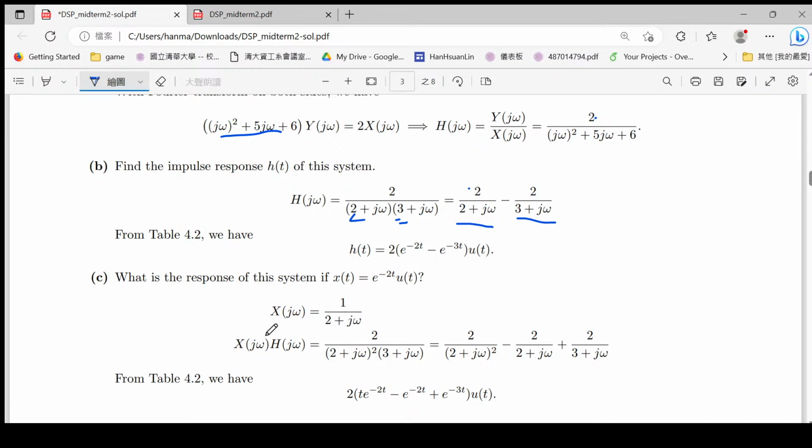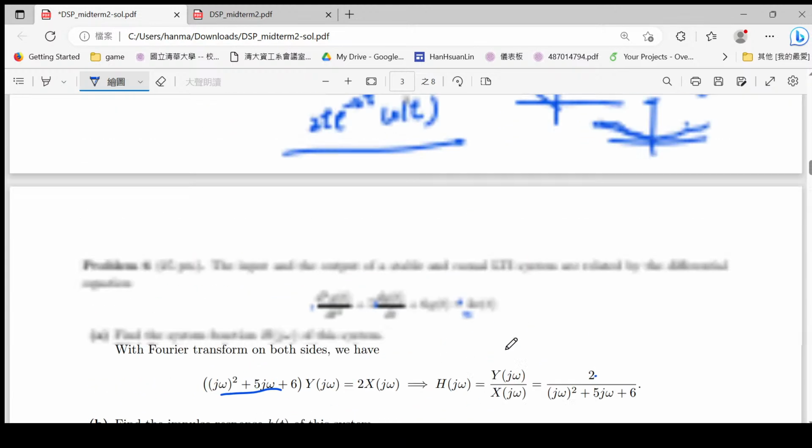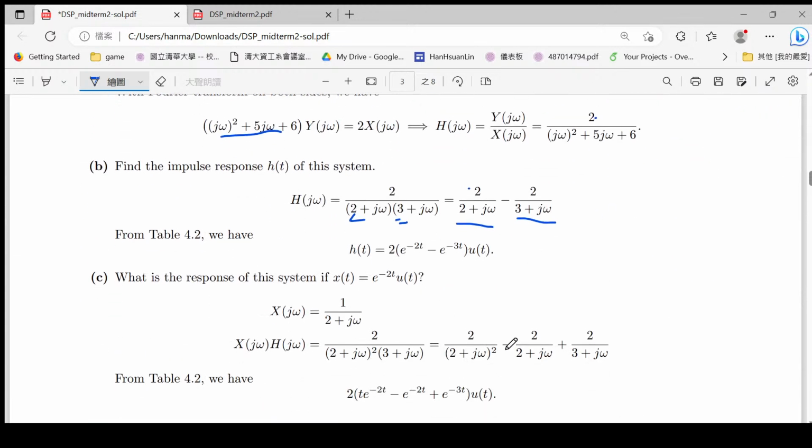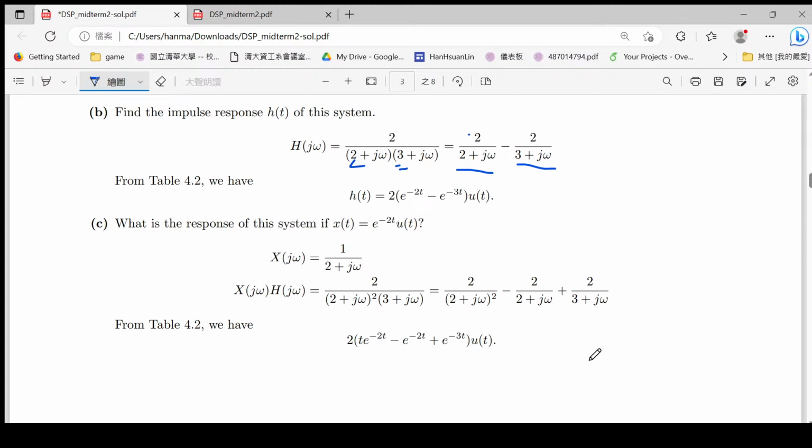Now big Y is big X times big H, and so you get this 2 plus j omega squared here. So you get a square here, and then you need to break this thing up. I think a few people got this wrong, so that's just a calculation you need to be careful about.